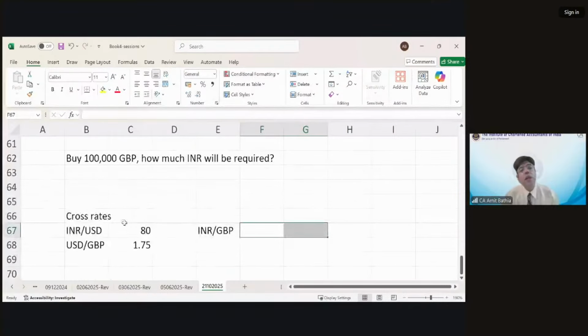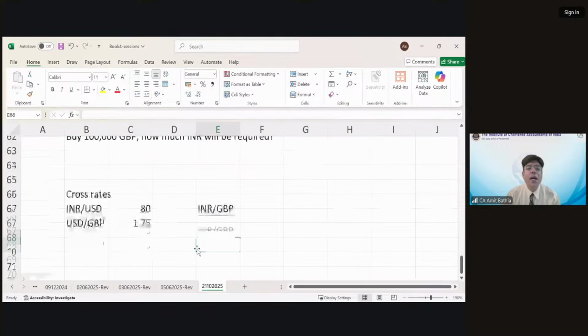Now it's slightly different. What is the difference now? INR upon USD: here USD is the base currency, and here USD is the pricing currency. So 1 GBP is equal to USD 1.75. Now, how do I go about calculating INR to GBP?